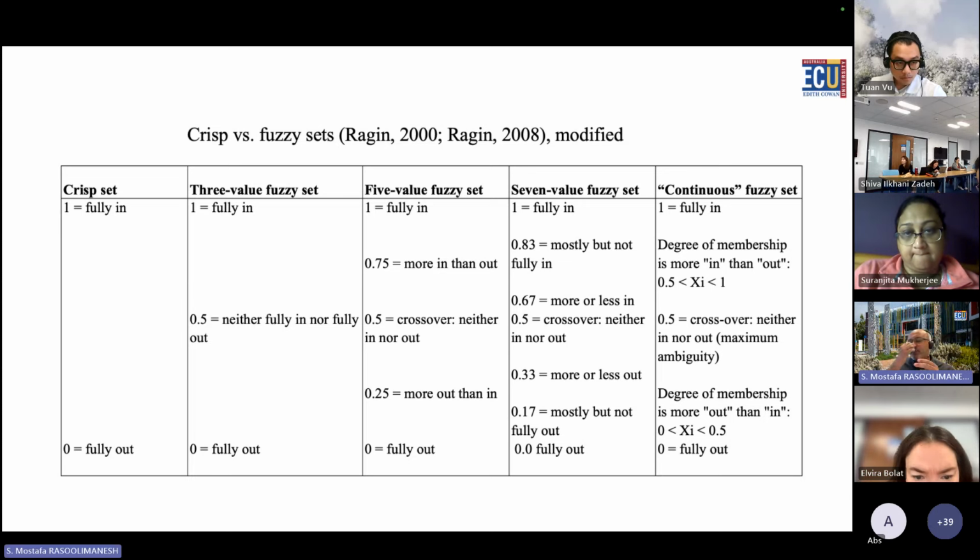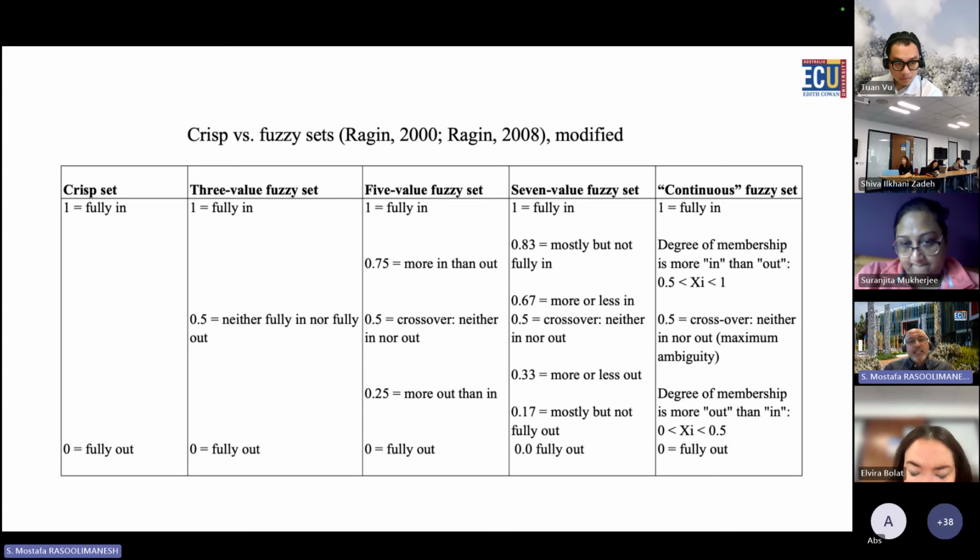Also, some literature calls columns number 2, 3, 4 multi-level QCA, and only calls the last one continuous value fuzzy set. But some studies also call these 3-value fuzzy set, 5-value fuzzy set, 7, and the continuous fuzzy set.